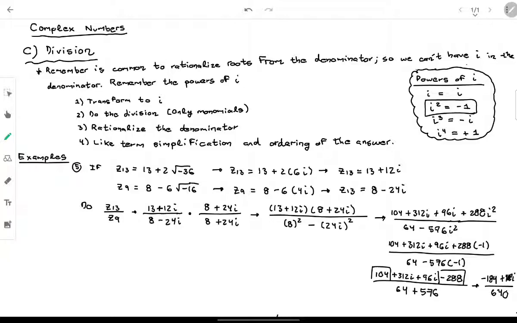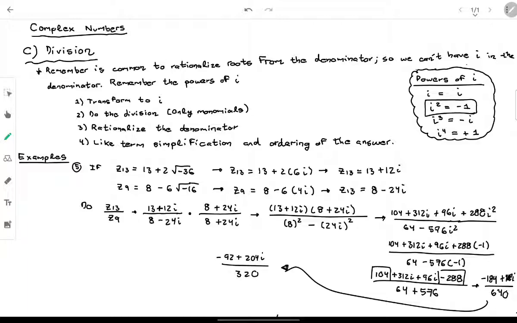This will be our final answer, but we can simplify it. Let's do it here on the left. This one we can simplify. If we divide by 2, it's going to be minus 92 plus 204i, and the one on the bottom it's going to be 320.